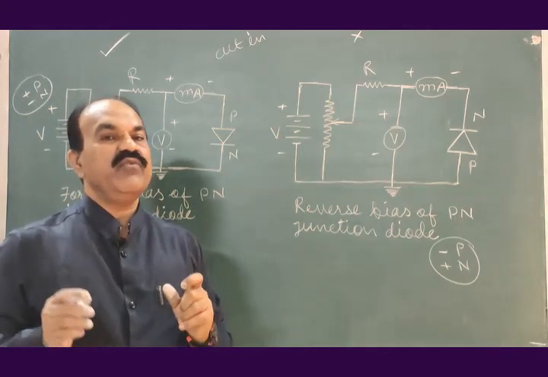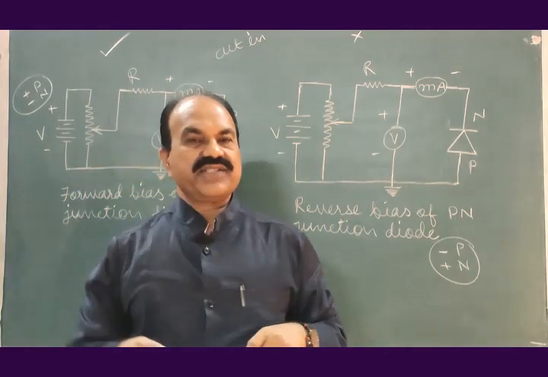What is happening when we apply the voltage in forward bias?